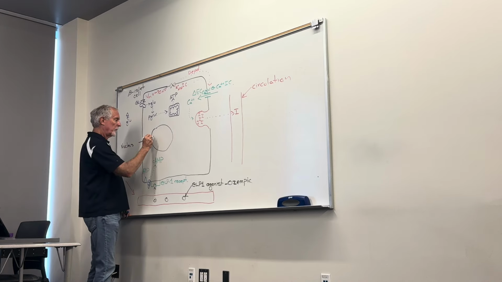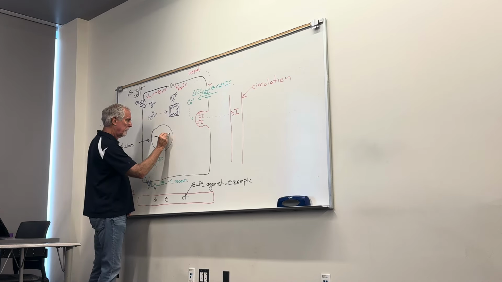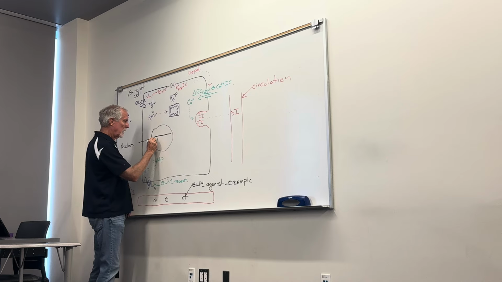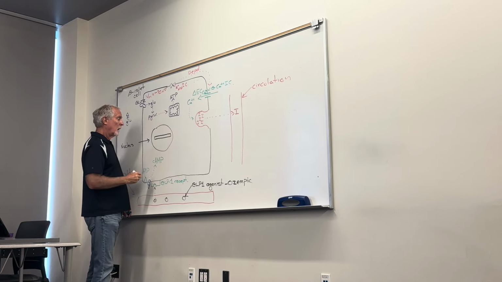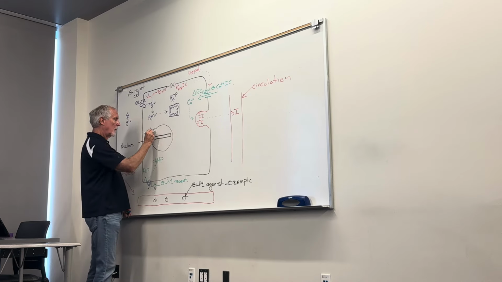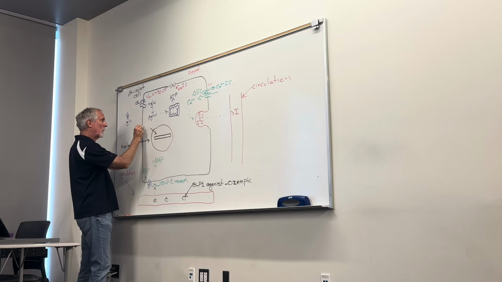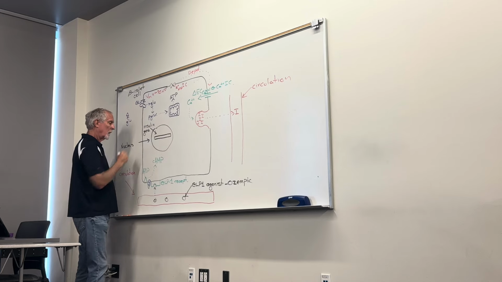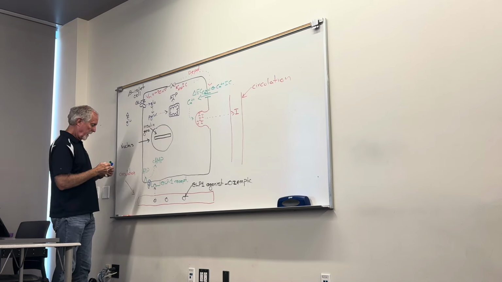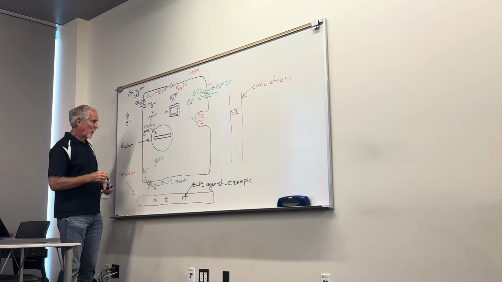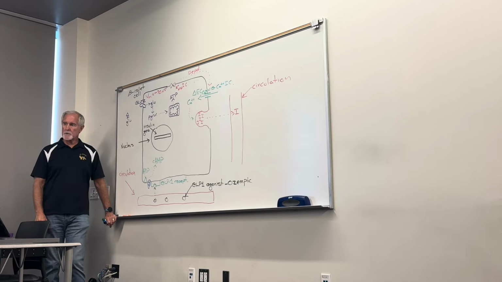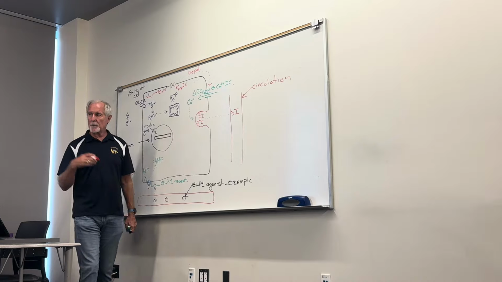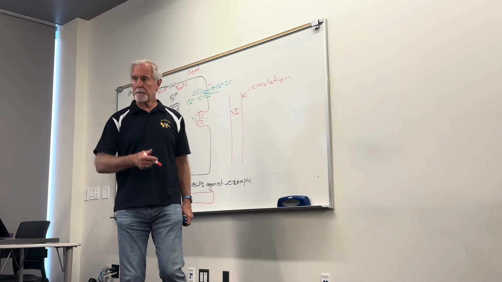We'll say that here's our insulin gene. And you guys would tell me that there's these three different regions of the gene. There's a regulatory region, there's a promoter, and then there's a coding region.